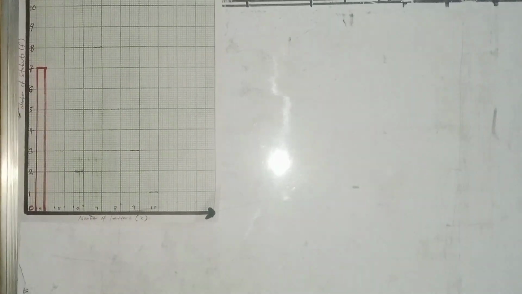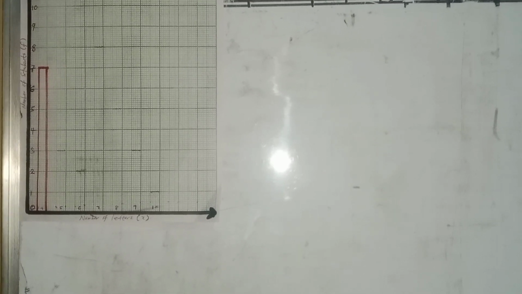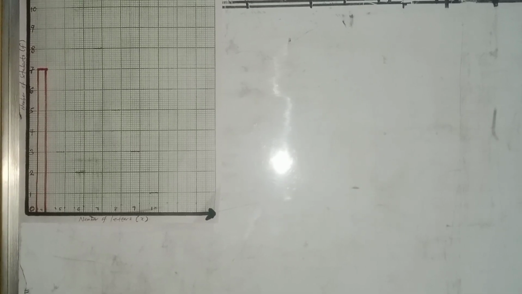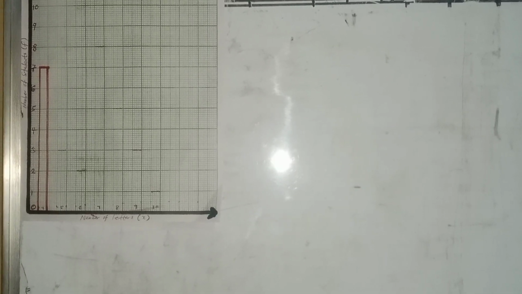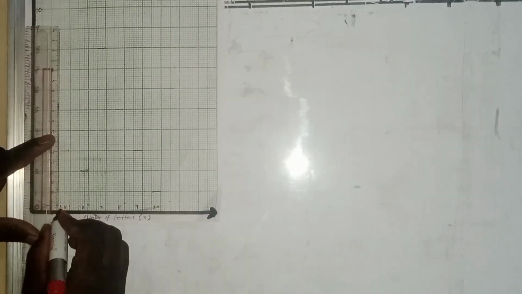And the frequency is 7. That has been plotted. The next number is 5, and the frequency of letter 5 is 3. So this is 0, 1, 2, 3. So this is where we end the bar.